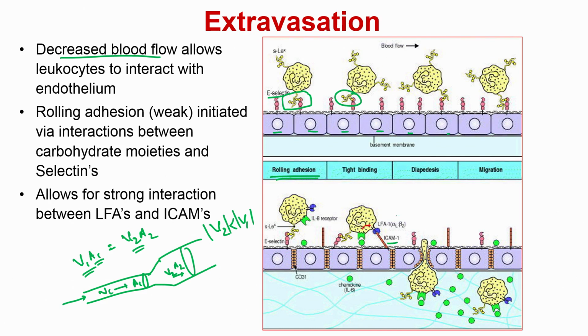Once enough bonds are formed, you get a conformation like this, and here are some more adhesion molecules that are listed. Once you get a conformation like this, the cell can start to come out of the blood vessel, and this is what is being shown here. This causes the secretion of some enzymes and the cell squeezes through the leaky vessel that is created because of inflammation.